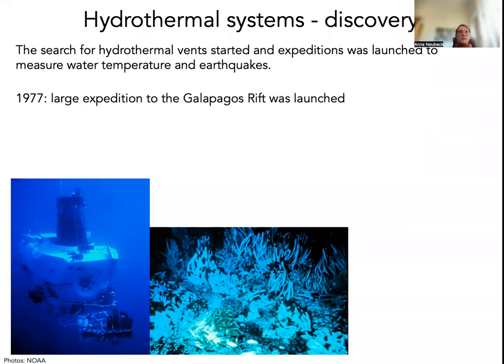And in 1977, a large expedition went to the Galapagos Rift, and they were measuring the temperature over the rift, and they could see that at some point there was a spike in temperature, and this spike lasted for approximately 3 minutes. And at the same time, they could also discover micro earthquakes connected to these spikes in temperature.